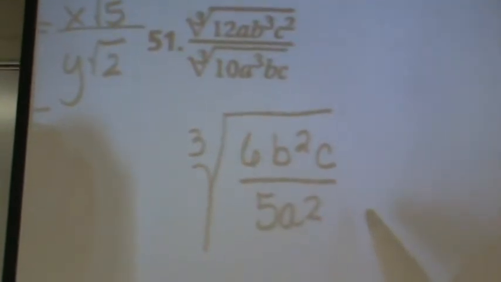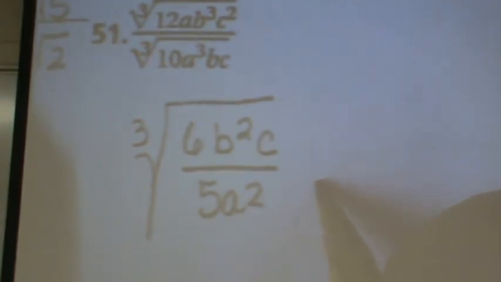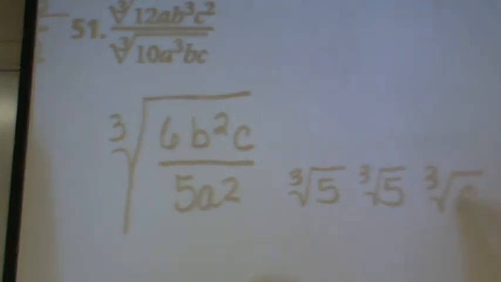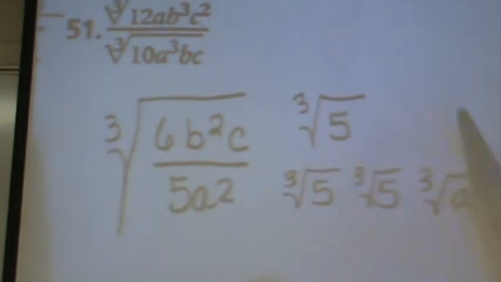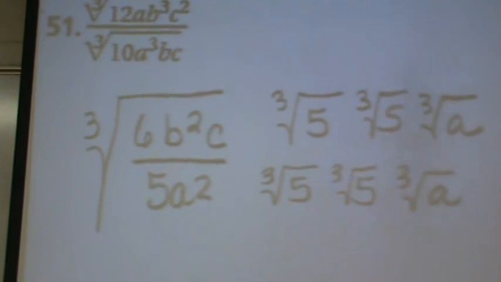So now what you need to do is rationalize the denominator. You're going to need another couple more. You need another 5, and another 5, and another a. So you need the same thing on top. You need another 5, and a cube root of a on top.